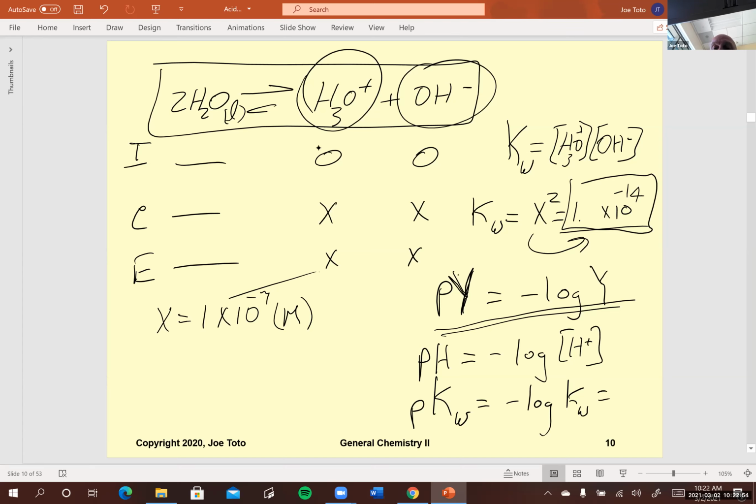Now, I know what Kw is. It's 1 times 10 to the minus 14. So I know that pKw equals 14. Now, how do I know that?